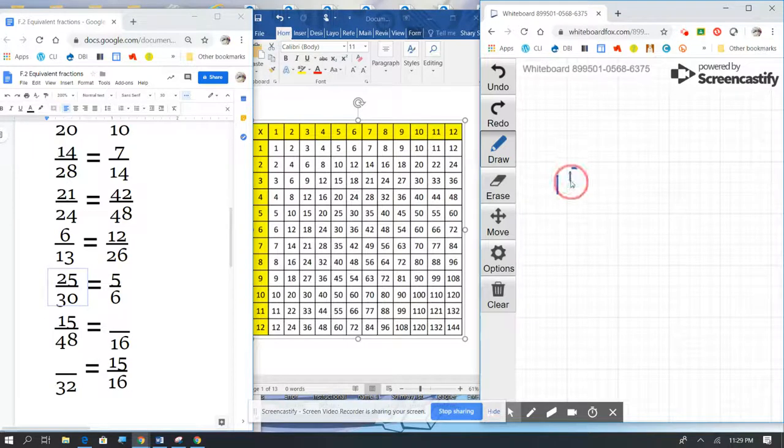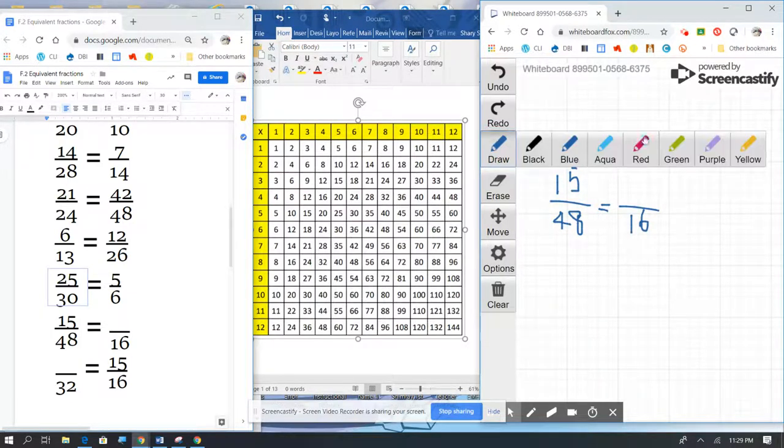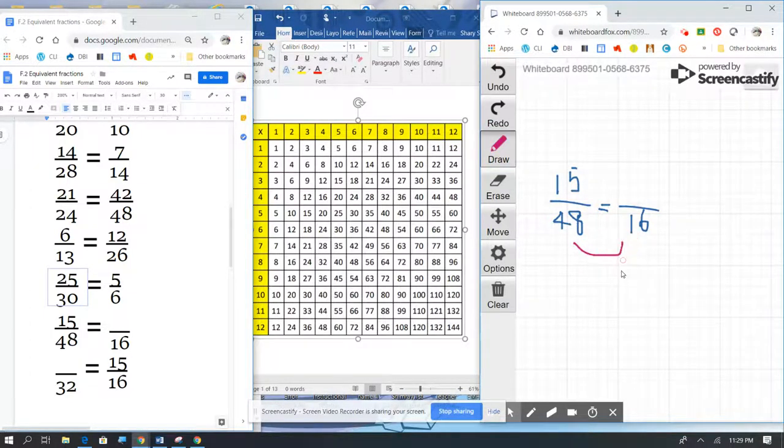15 and 48. 16. So what is the relationship between 16 and 48? So isn't it 3? We don't have a chart up to 16, so you don't know.